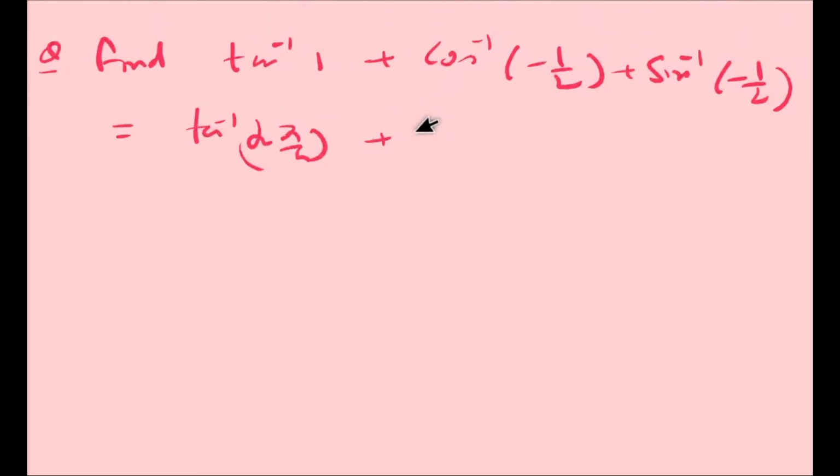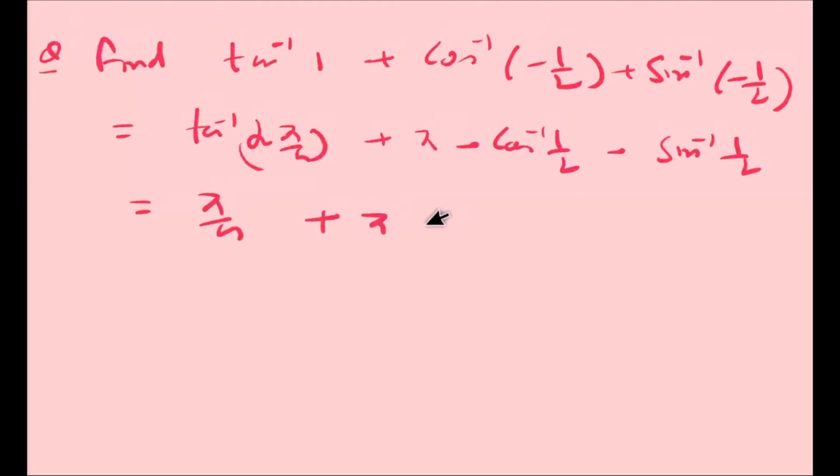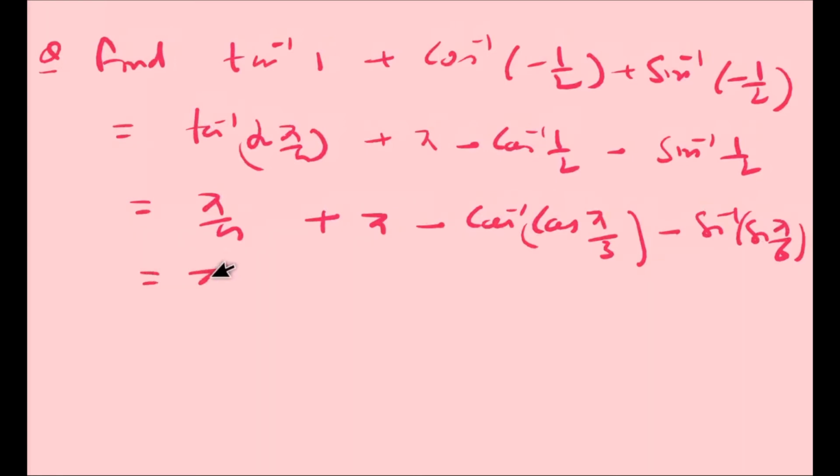Similarly, for the minus, you can take pi minus cos inverse 1/2, and here you can take minus outside, sin inverse 1/2. Now tan inverse 1 is pi by 4, plus pi minus cos inverse 1/2, which is pi by 3, since cos 60 is 1/2. Minus sin inverse, sin pi by 6, since sin 30 is 1/2.